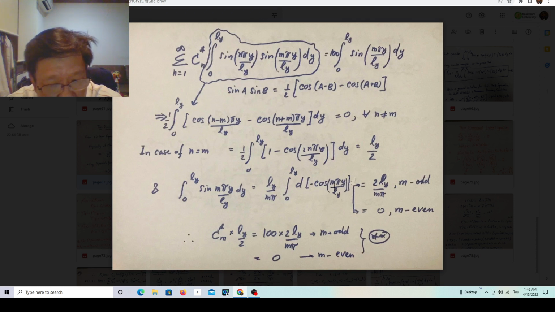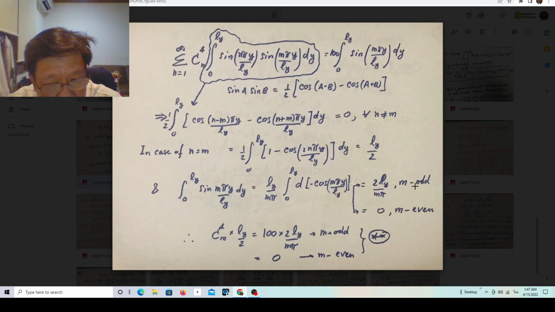When m is even, minus cos of 2 pi is always equal to minus cos 0. Again and again, you end up with the same value when you multiply at L sub y and at 0, and with the minus sign, the terms cancel each other. Therefore, when m is even, this integral results in 0.